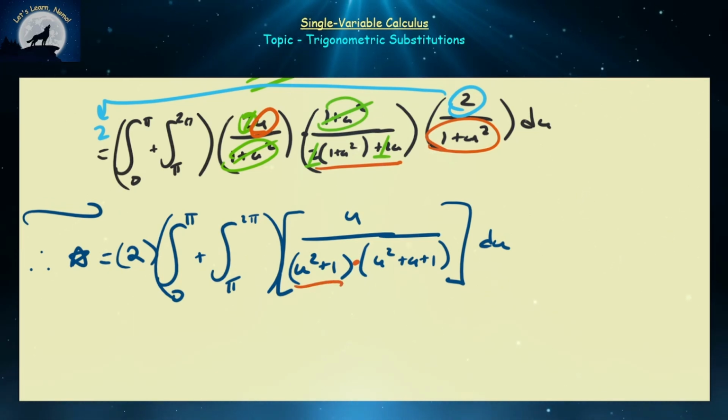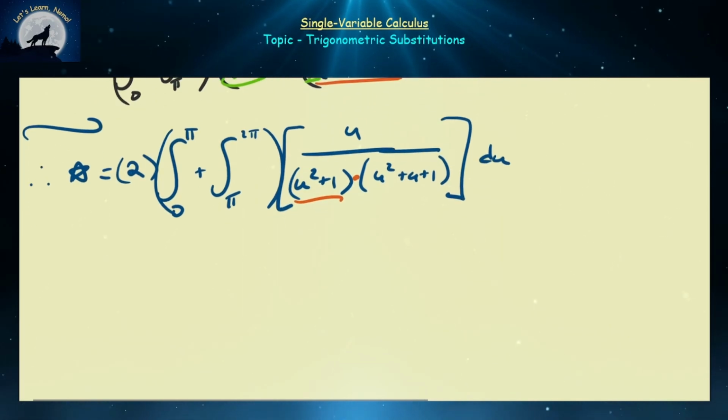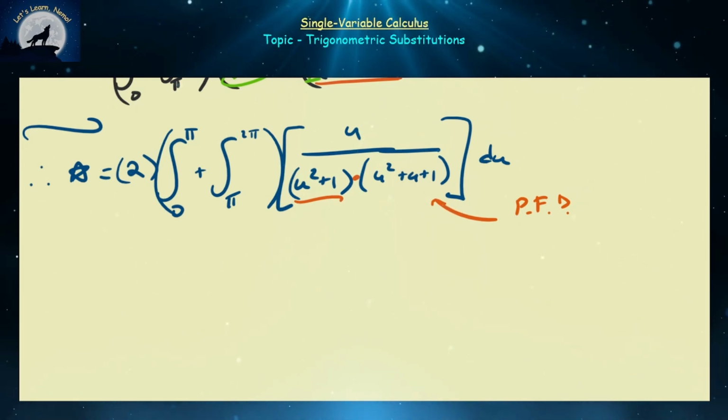Keep in mind u squared plus 1 doesn't factor over the reals, and u squared plus u plus 1 also doesn't factor over the reals either. So if we use partial fraction decomposition on this particular integrand, write it as A over u squared plus 1 plus B over u squared plus u plus 1. Find A and B in whatever methods you prefer. Then we're going to have what?